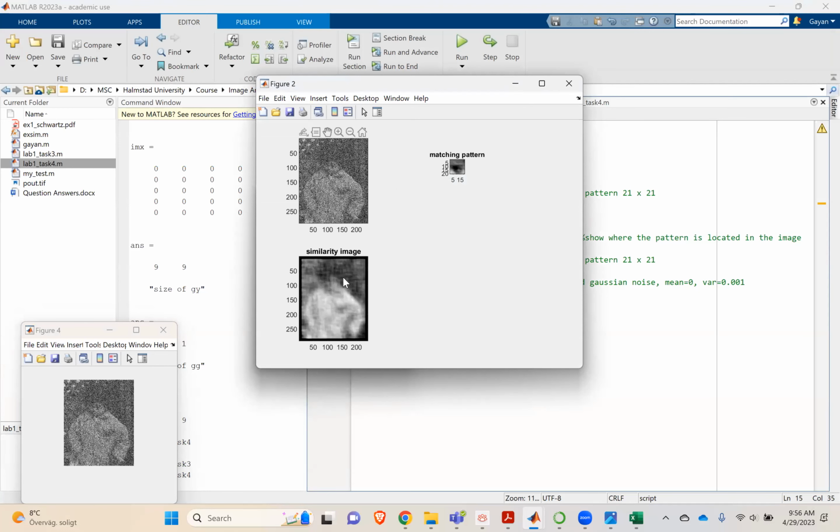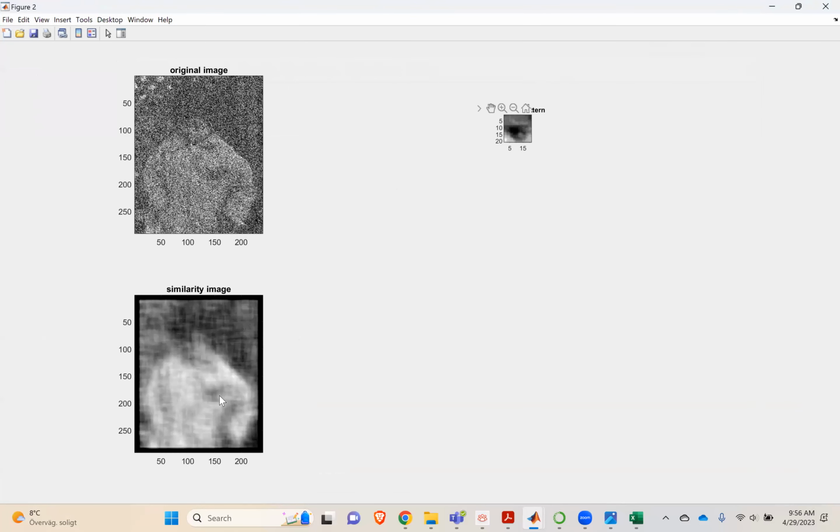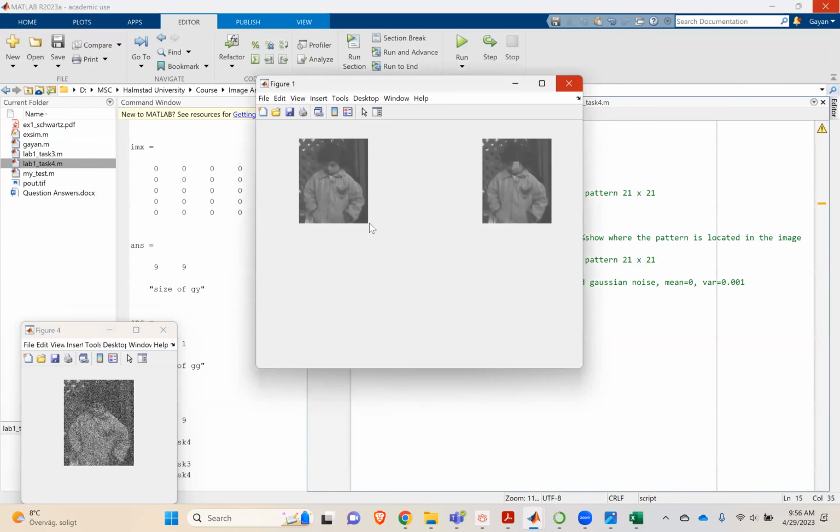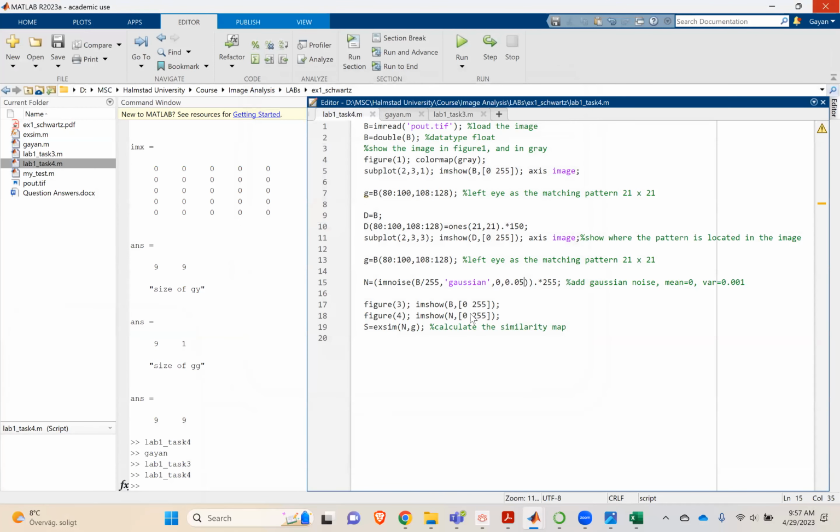See, I'm not getting a match in the same position. It's too much noise. I can reduce it a little bit, because here you cannot find anything. Maybe 0.1.